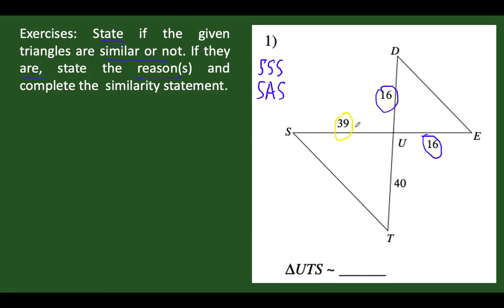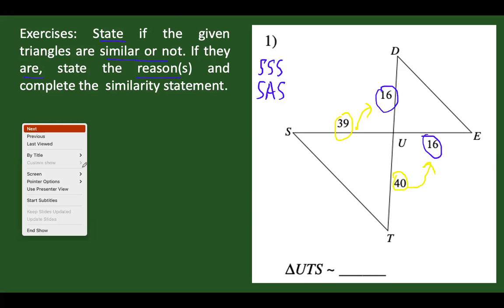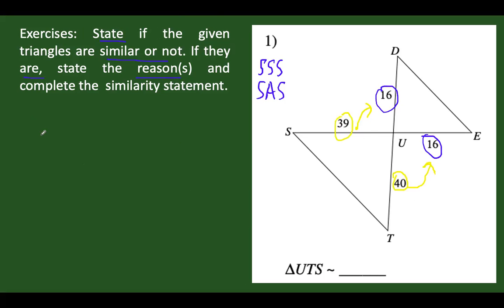We could use 39 and 16 here to be the corresponding parts, and 40 to be the corresponding part to 16. So let's continue. We have 39 over 16, and the other ratio is 40 over 16. So these are our corresponding sides or corresponding parts.